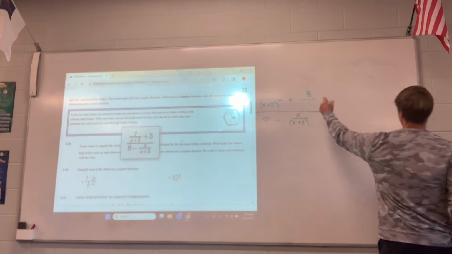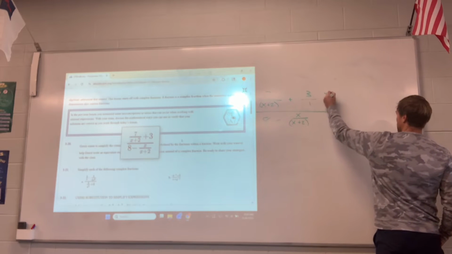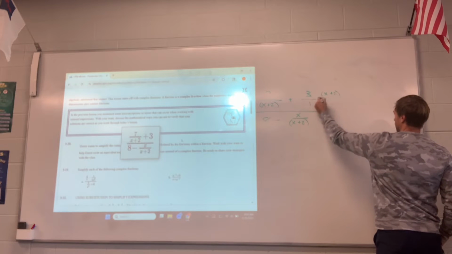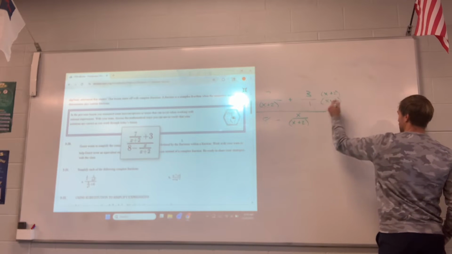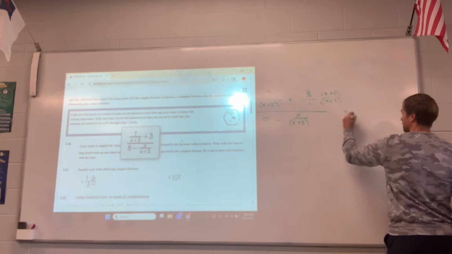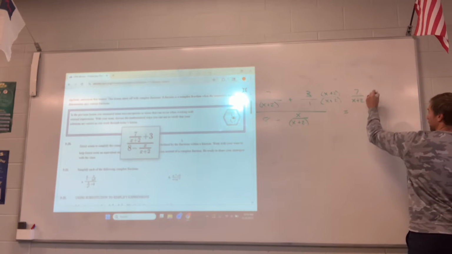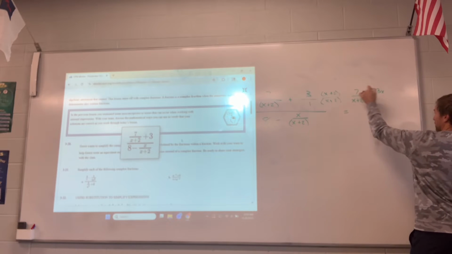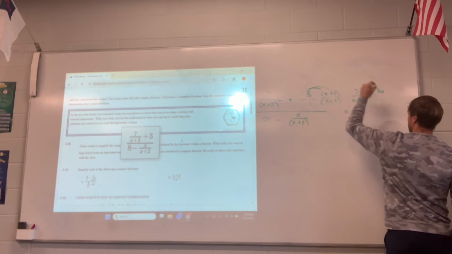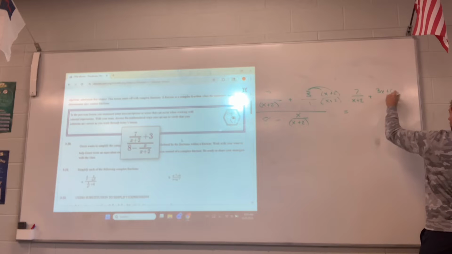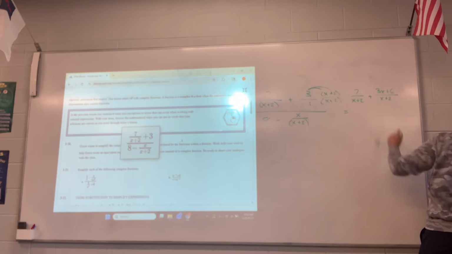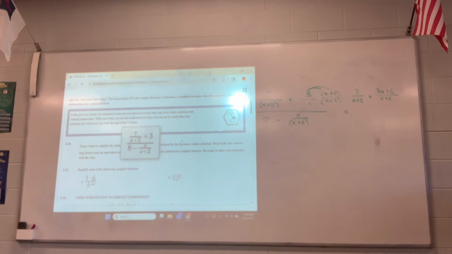So we're going to multiply this fraction by x plus 2 over x plus 2, and that gives us a common denominator, right? So 7 over x plus 2 plus, I'm going to go ahead and distribute, 3x plus 6 over x plus 2. So then we can do what?